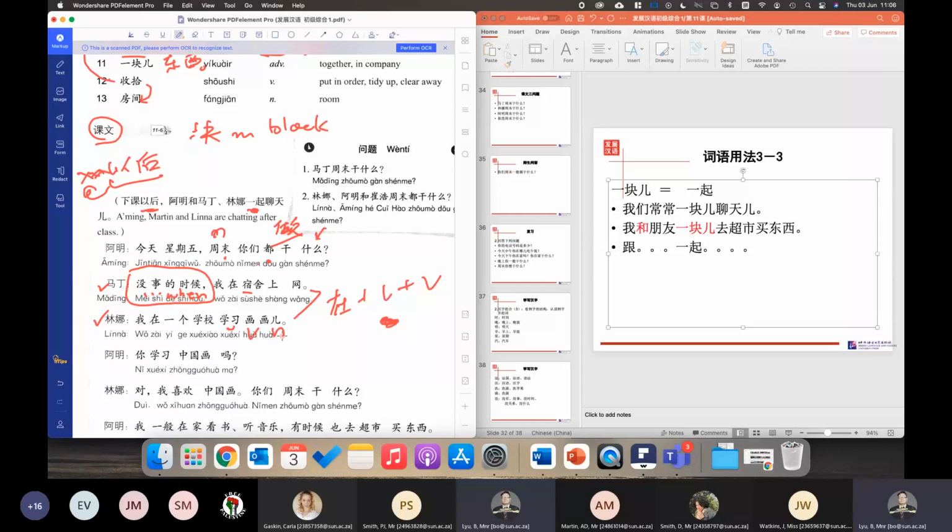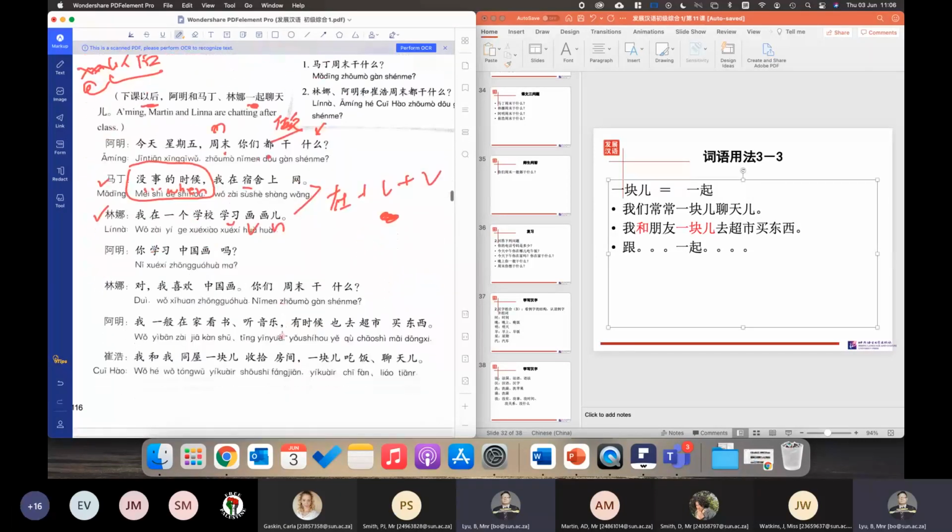我在一个学校学习画画. 你学习中国画吗？Then Aming asks, okay, you're learning how to paint. Then are you learning Chinese painting? 吗 makes this a simple question seeking a yes or no answer.